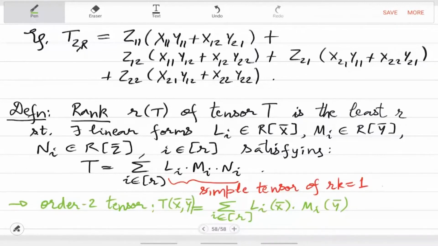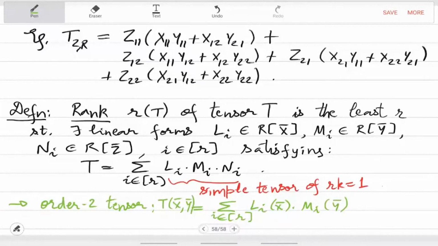What is the matrix here? For this order 2 tensor T, how will you define the matrix? Or for a matrix, how will you define T? Equivalently, you are given a matrix. How do you see it as an order 2 tensor polynomial?